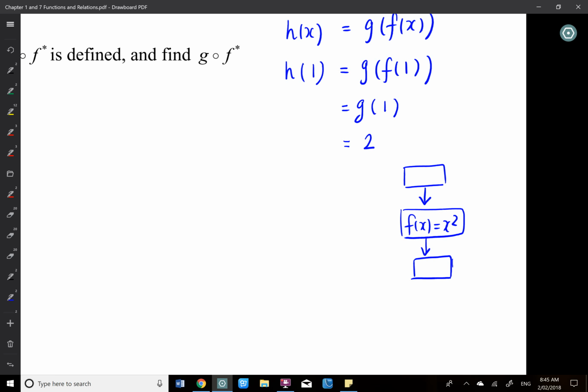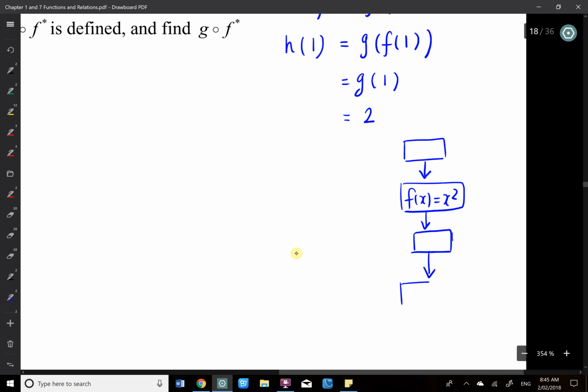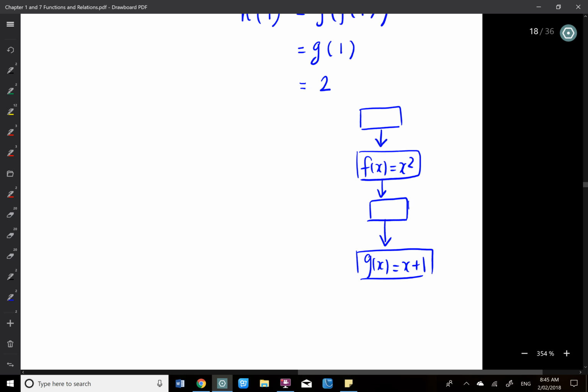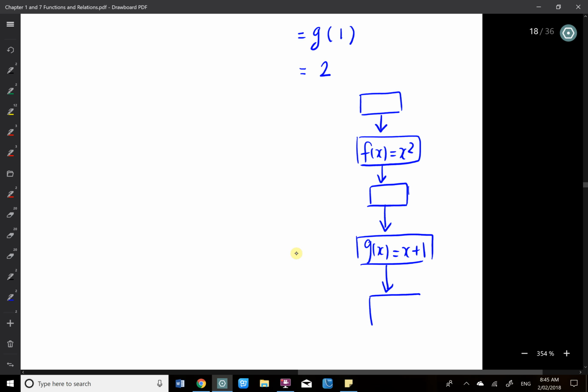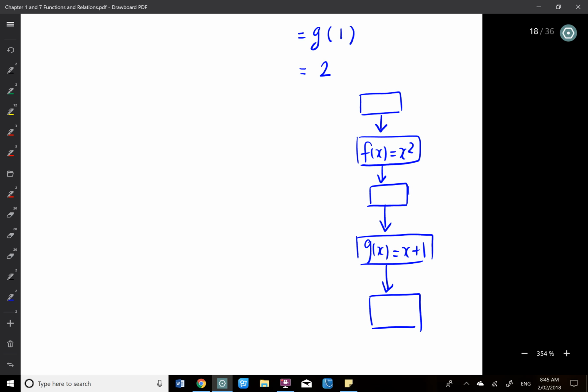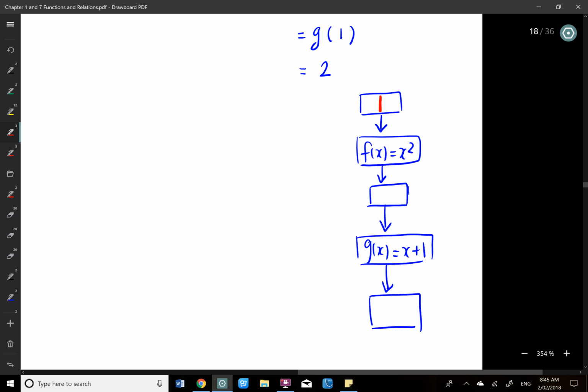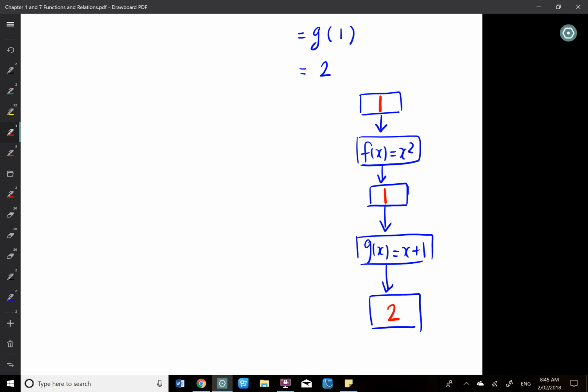Then I use the new thing and put it into the function g(x), where g(x) is x plus 1, and then I get a new value out. So for this process, I put 1 in, 1 squared gives 1, and then putting 1 into that box, I get 2. That's very nice and easy.